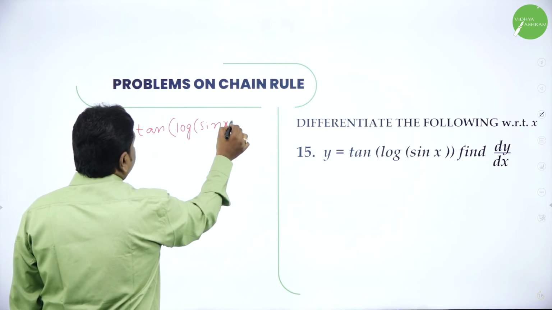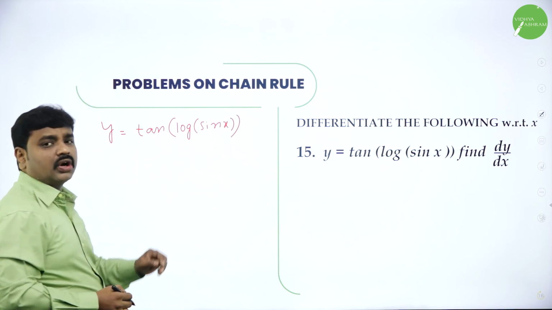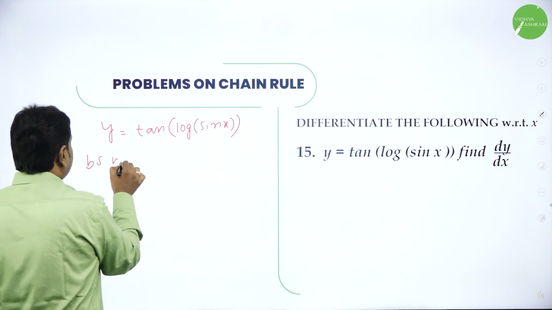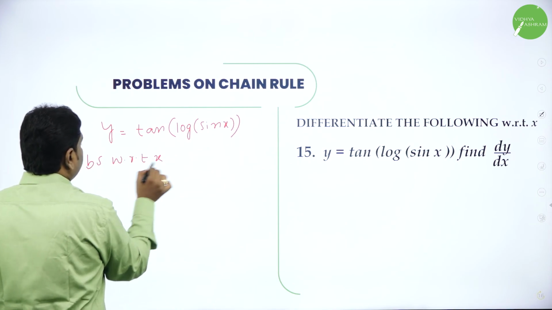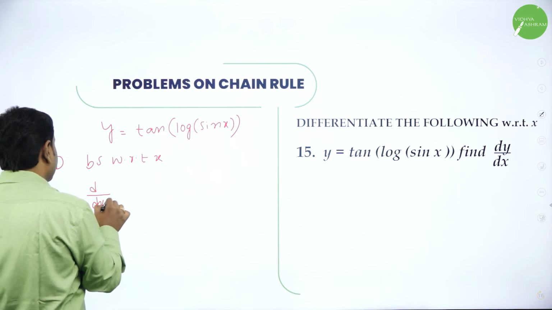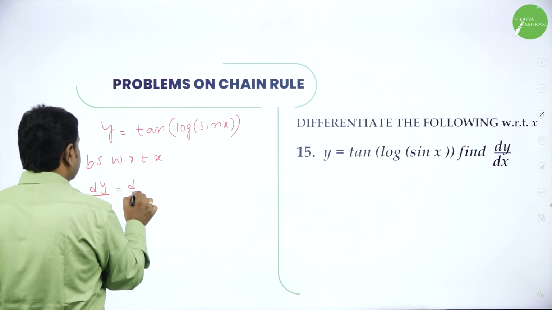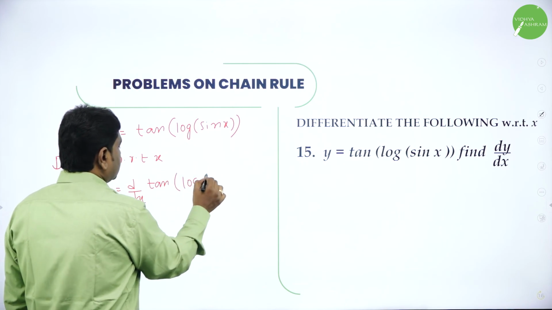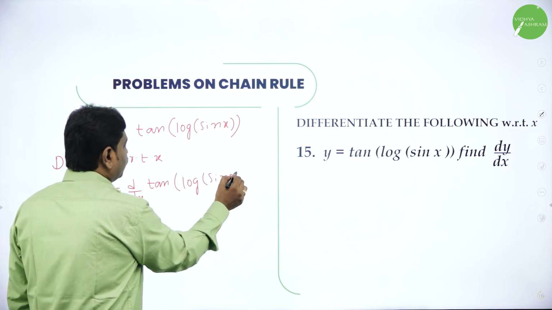So again we need to use what rule? Chain rule. So if I differentiate both sides with respect to x, so LHS becomes d by dx of y is equal to d by dx of tan of log of sin x.